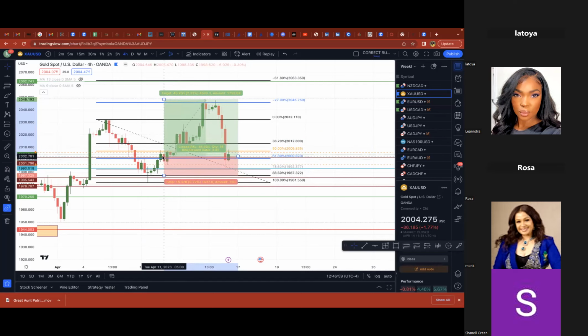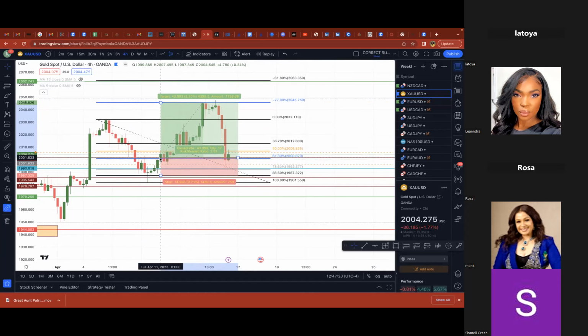And I'll be honest with you, sometimes I put my entry a little above the 61.8 because of maybe spreads or something like that. But you can still get your risk to reward, or you can put it right there.